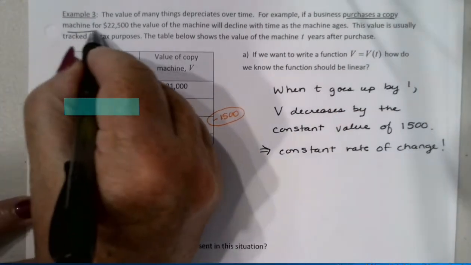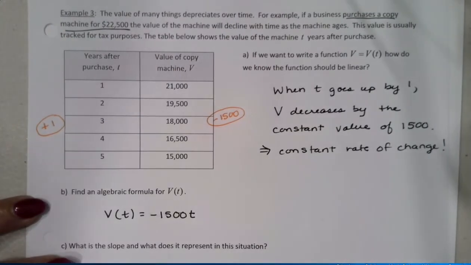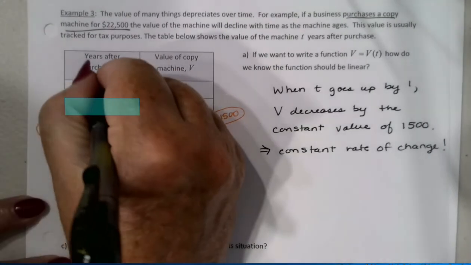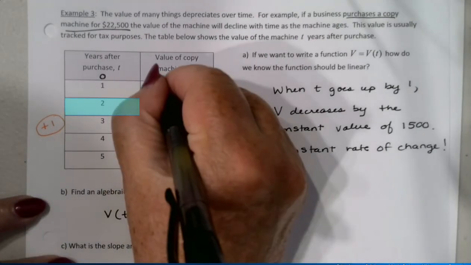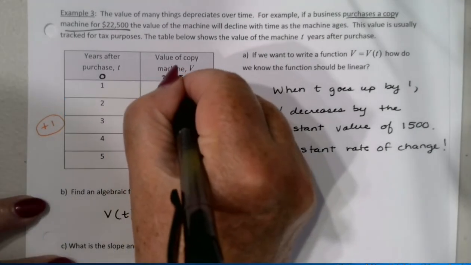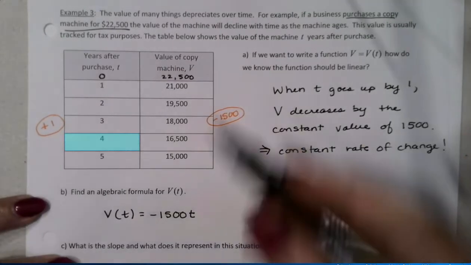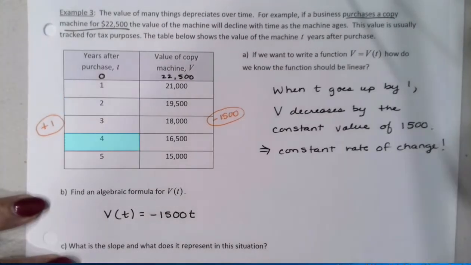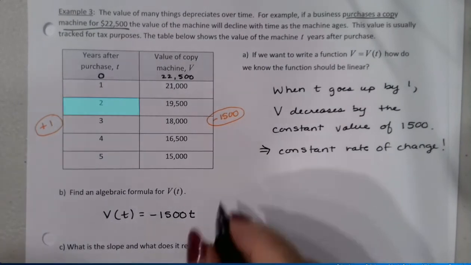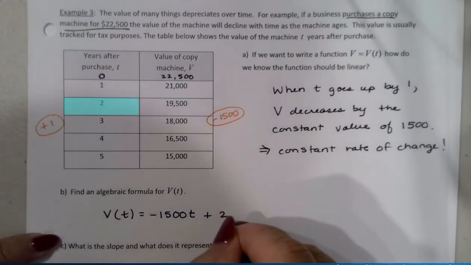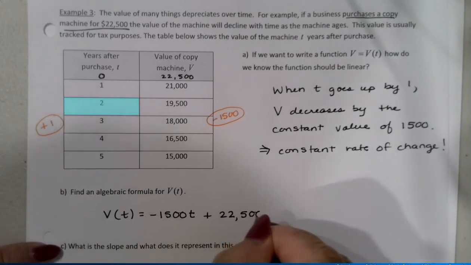We purchased the machine for $22,500. So at time 0 years, when it's brand new and no time has passed, it was worth $22,500. Or alternatively, notice I could have predicted by simply adding the 1,500 back in. So my b value is 22,500.